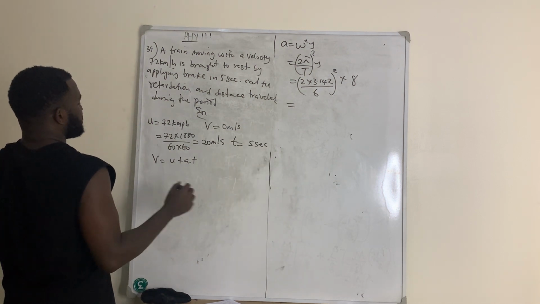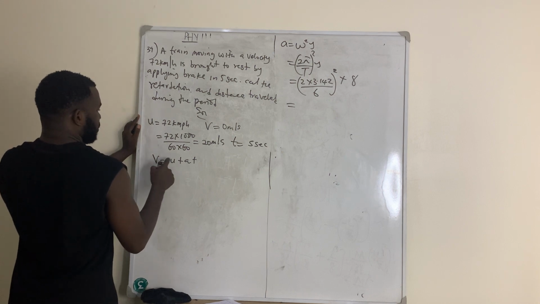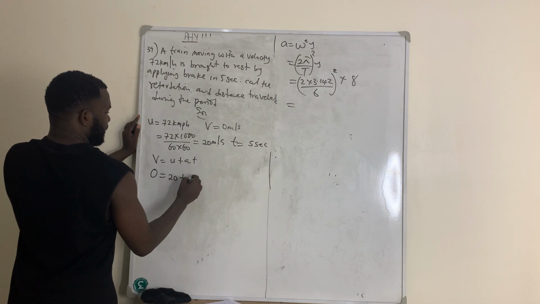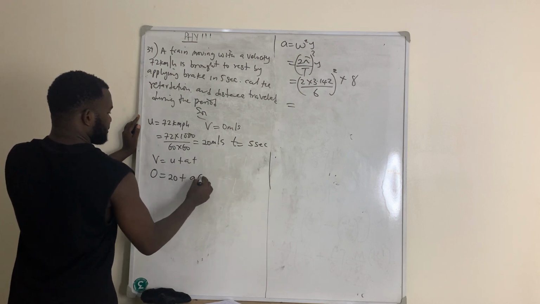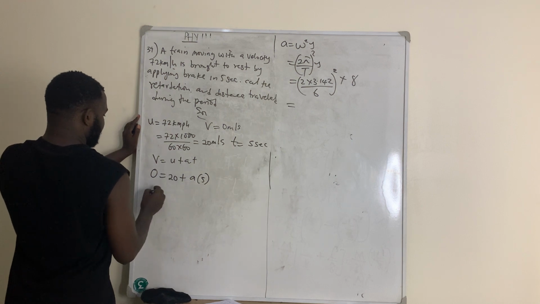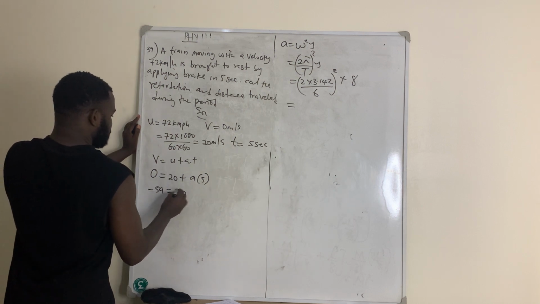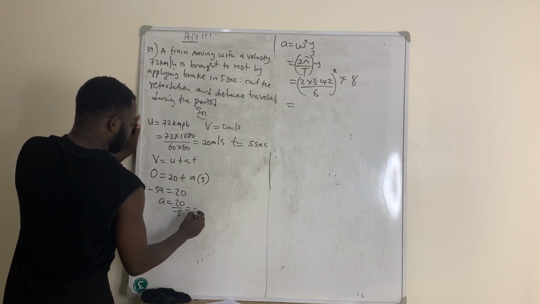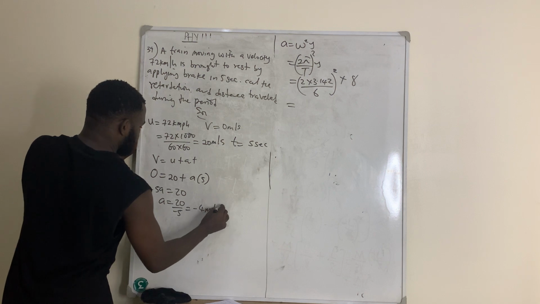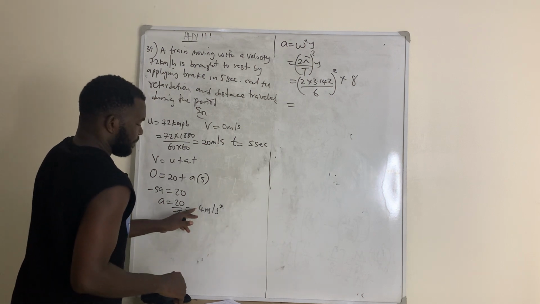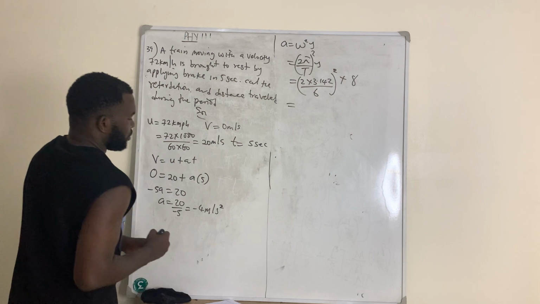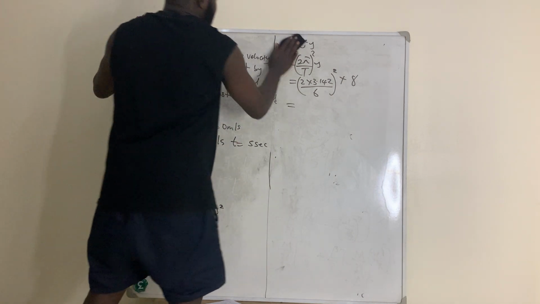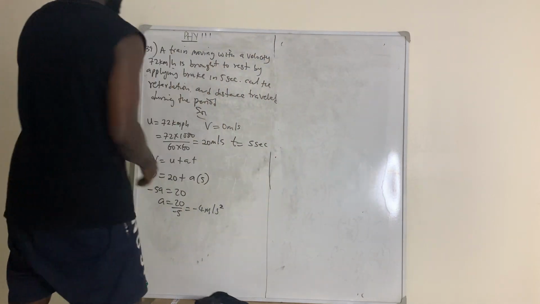So 0 is equal to 20 plus a times 5. Moving this, I have minus 5a is equal to 20. So my a will be 20 divided by minus 5, which is minus 4 meter per second square. The answer is just 4. The minus shows that it is retardation, and that is what they are asking us here, the retardation.